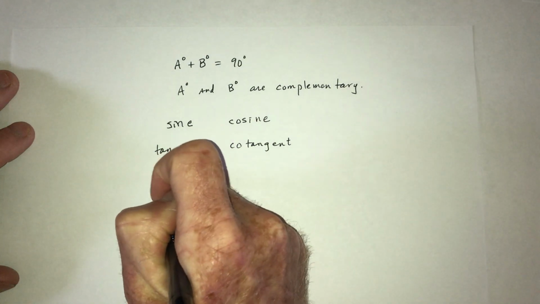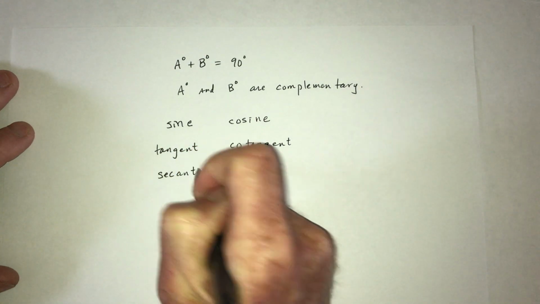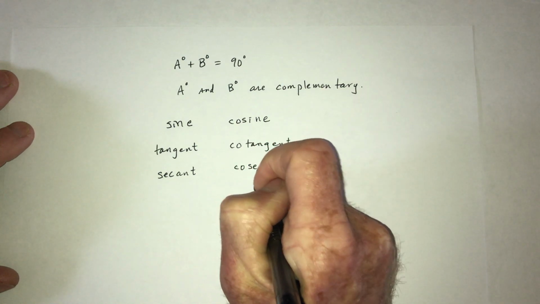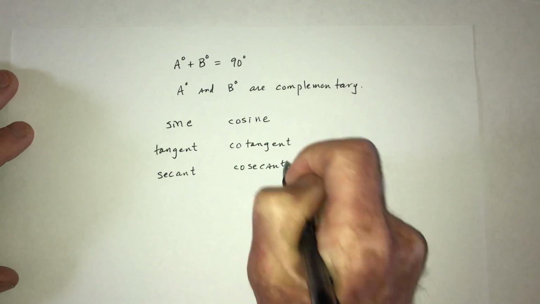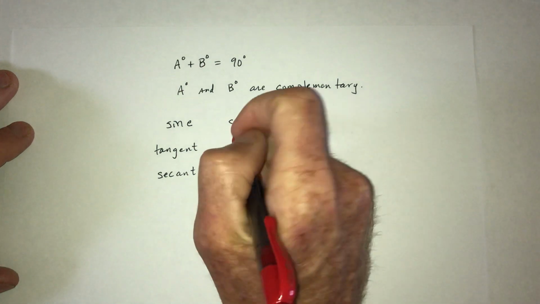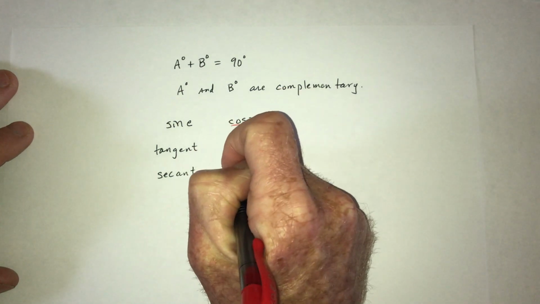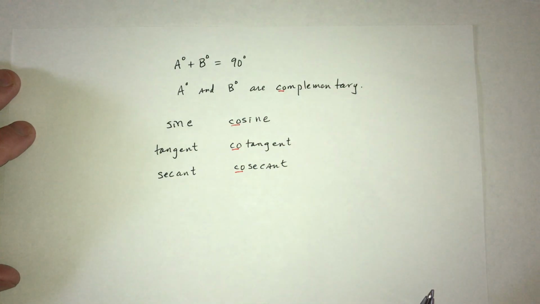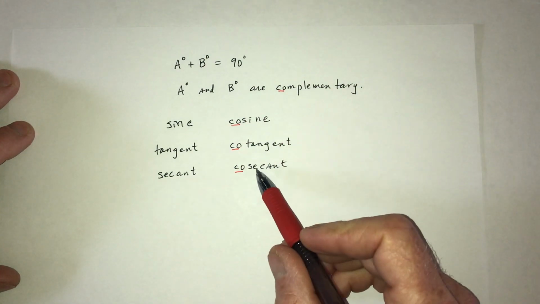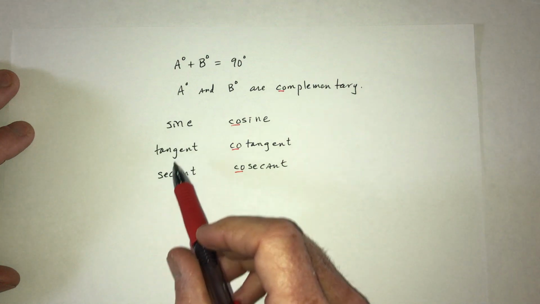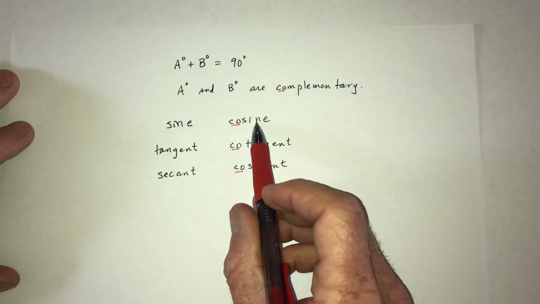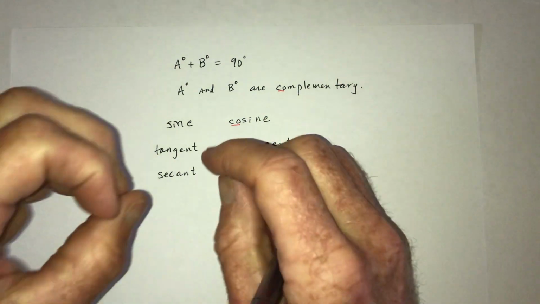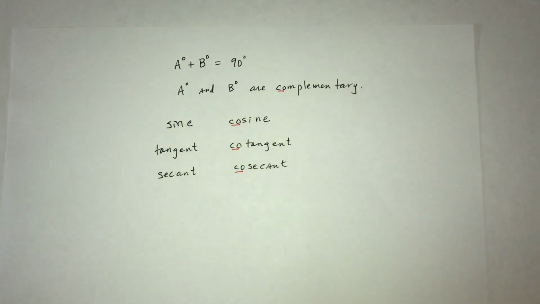We've got secant, which we usually write as just SEC, and then cosecant. Well, notice all of these start with co, and so does this. So these are the cofunctions of sine, tangent, and secant. The complement of sine, the complement of tangent, the complement of secant. Mind blown.